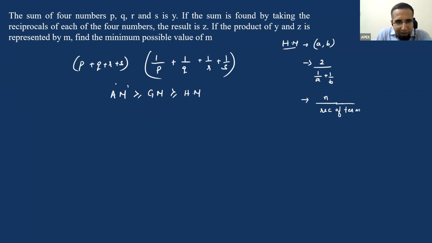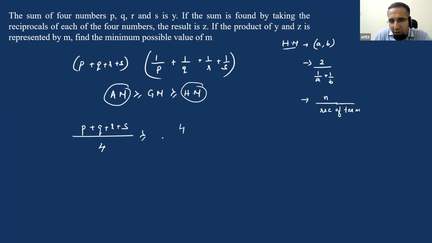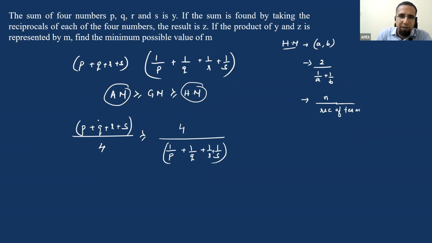So here, if I look at arithmetic mean greater than or equal to harmonic mean, I would write this as P plus Q plus R plus S divided by 4 is greater than or equal to the harmonic mean of these four terms, which will be 4 divided by the reciprocals of these. So when we cross multiply these two, we get the value of y into z is greater than or equal to 16.